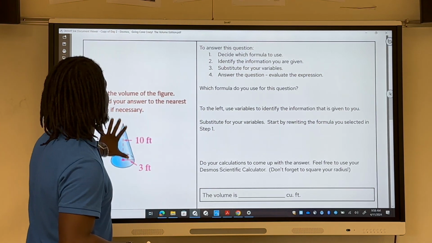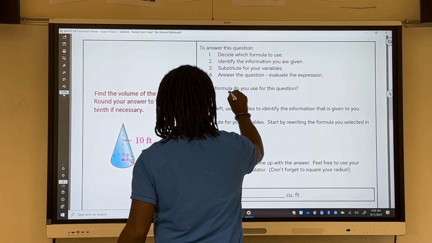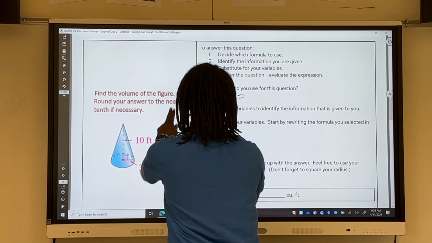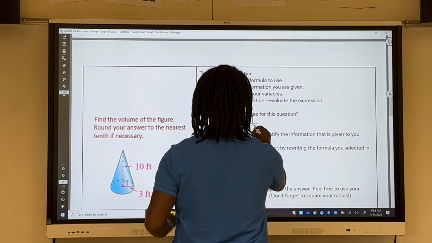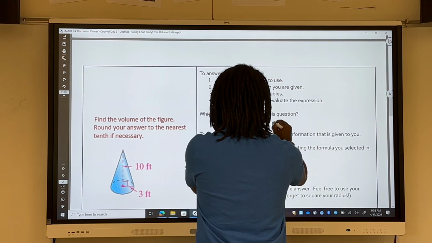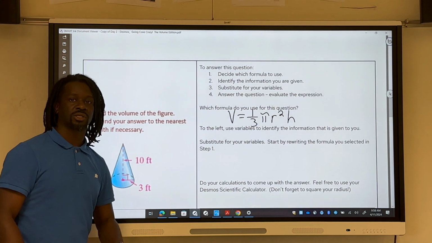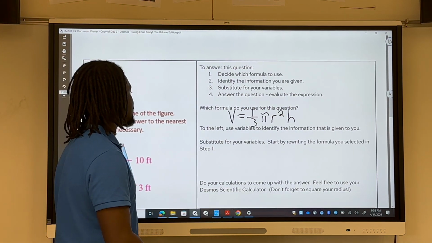So we're finding the volume of this cone, so we're going to start by writing the formula for volume. Volume is, again, go back to my formula sheet, right? 1/3 pi radius squared times the height, okay?